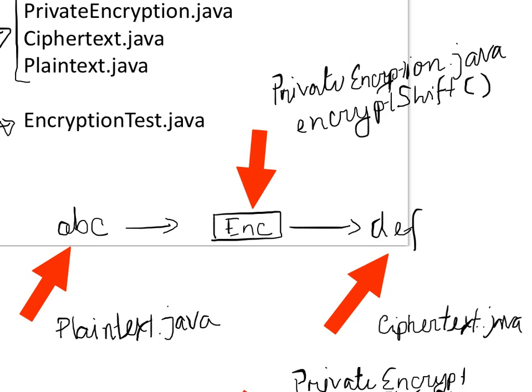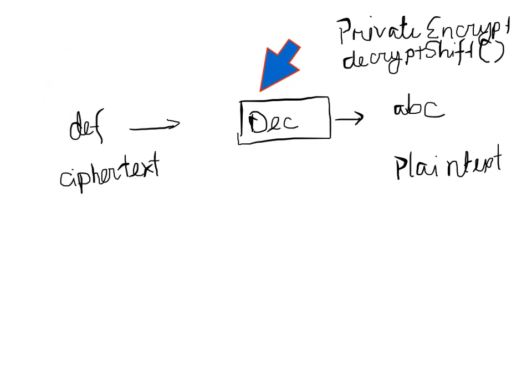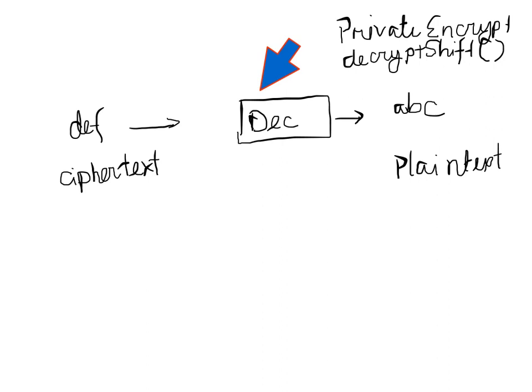Now that we did the encryption, we can go backward. From ciphertext we can go to plain text. So here we have the ciphertext DEF, and if you feed this ciphertext to this box, it will give you plain text.